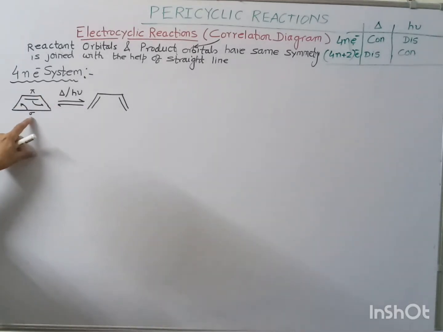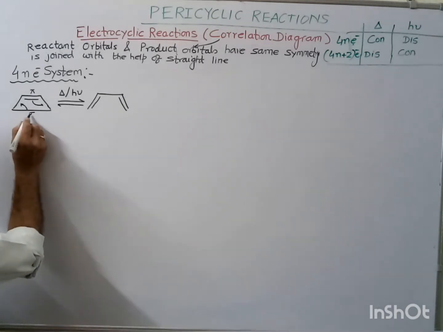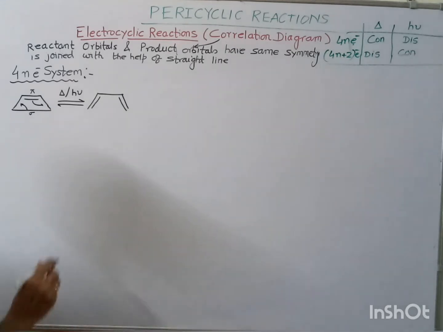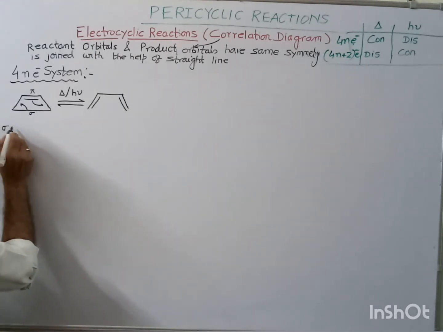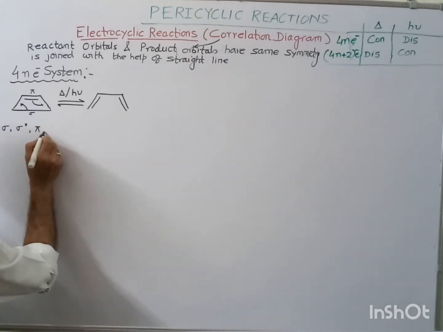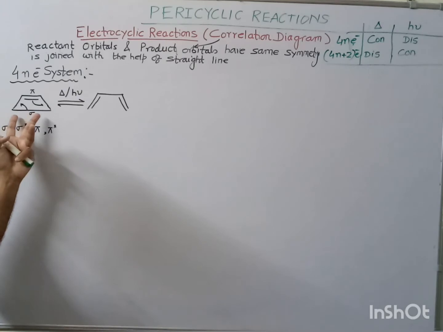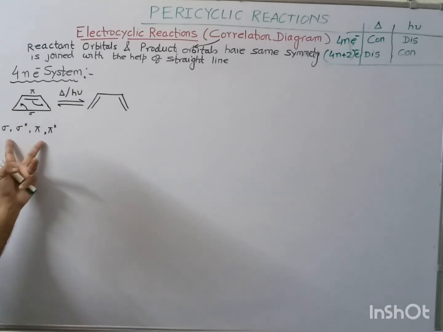Corresponding to this sigma orbital, what are the molecular orbitals involved? The molecular orbitals involved are sigma, sigma star, pi and pi star. So in the reactant, that is in cyclobutene, these 4 molecular orbitals are involved in the reaction.